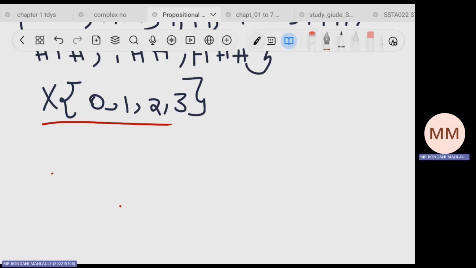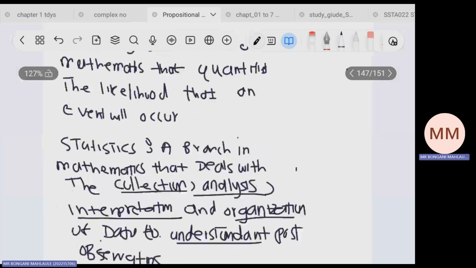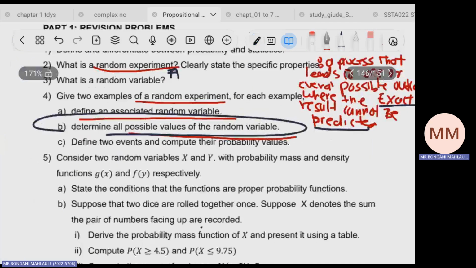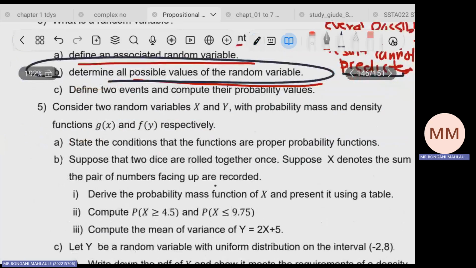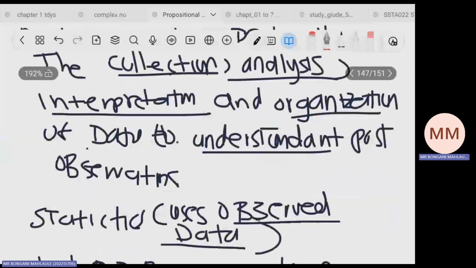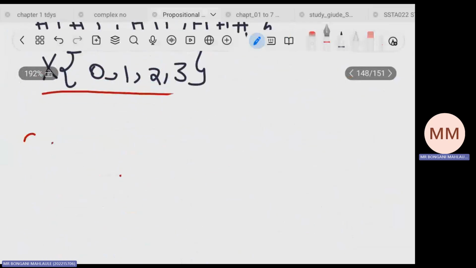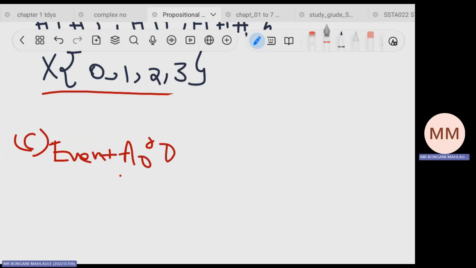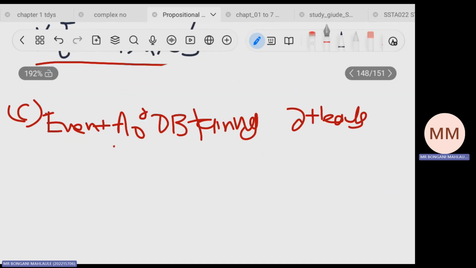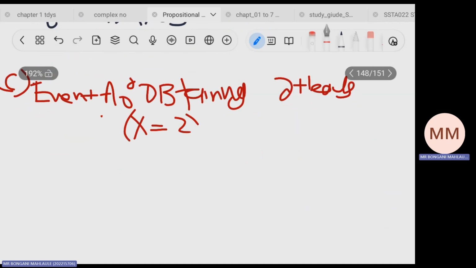So I'm going to skip this part, and then they're saying define two events and compute their probability values. Two events. So you just create your own events. Let's say event A, obtaining 2 heads, so you know that's why x is equal to 2.